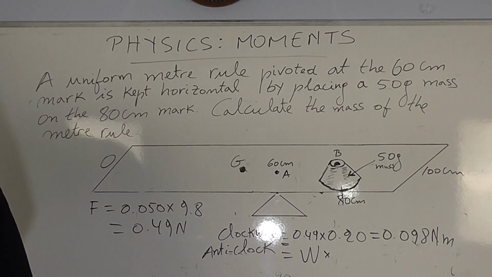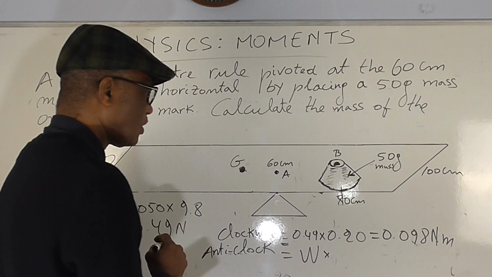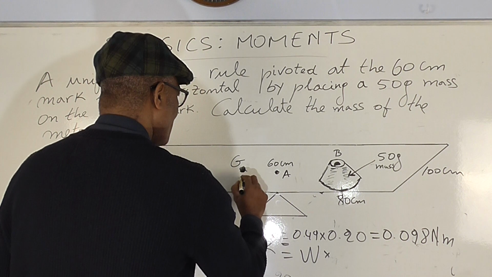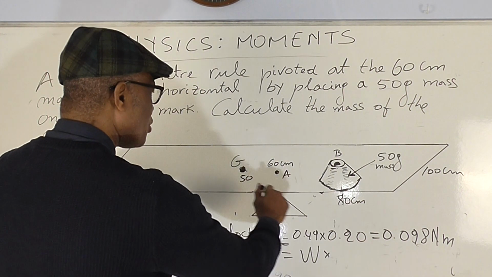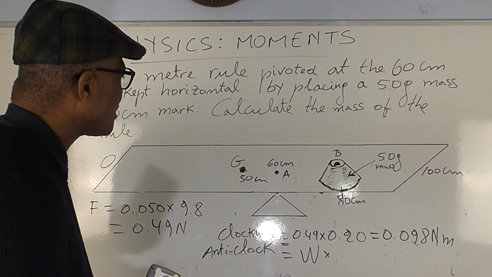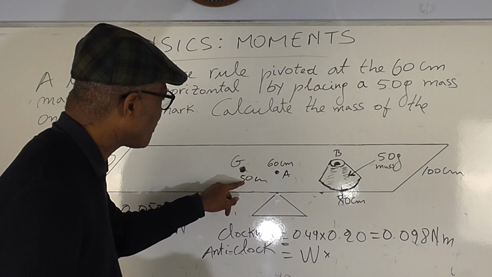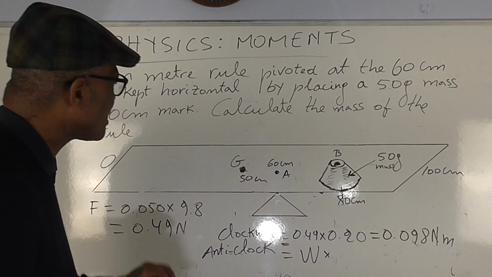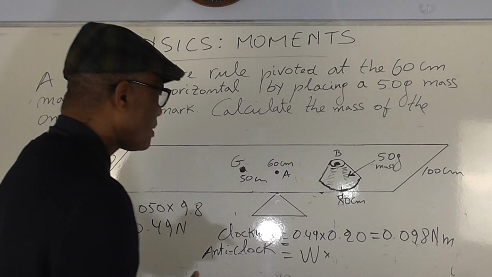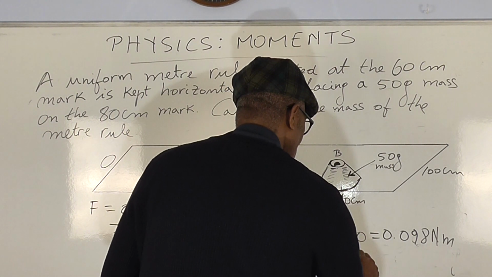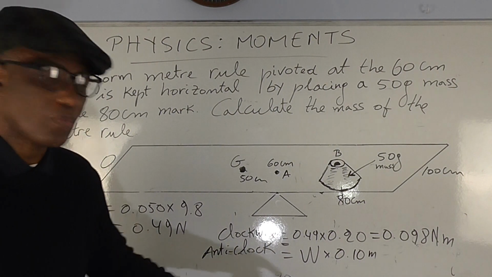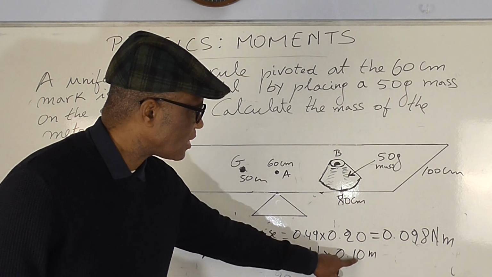Because it is uniform, the center is at 50 centimeter, and the pivot is at 60 centimeter. The difference is 10 centimeter, which is 0.1 meters. So we have W multiplied by 0.10 meters.